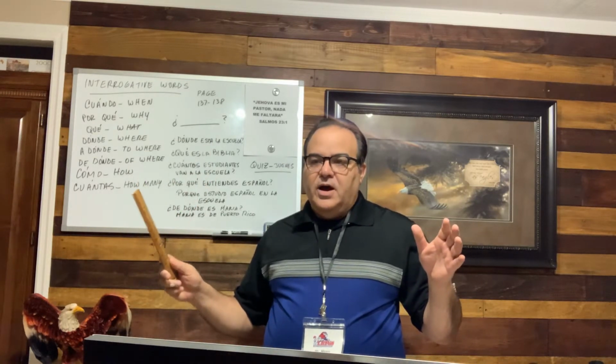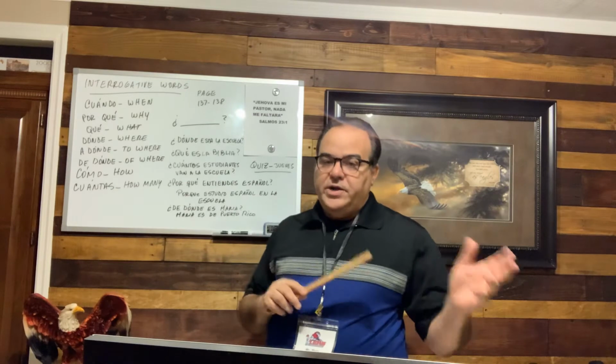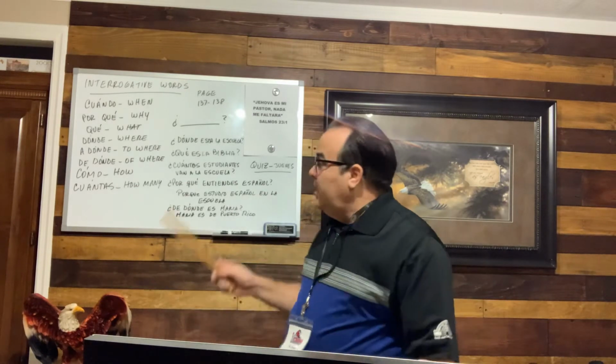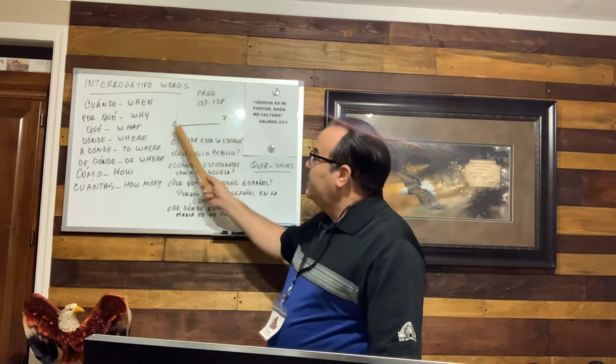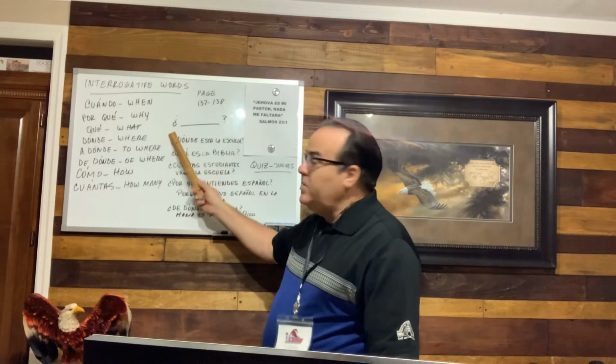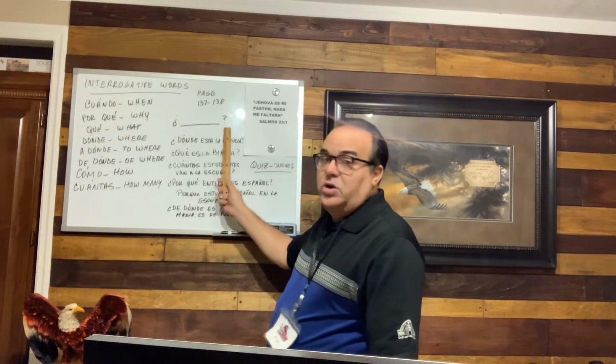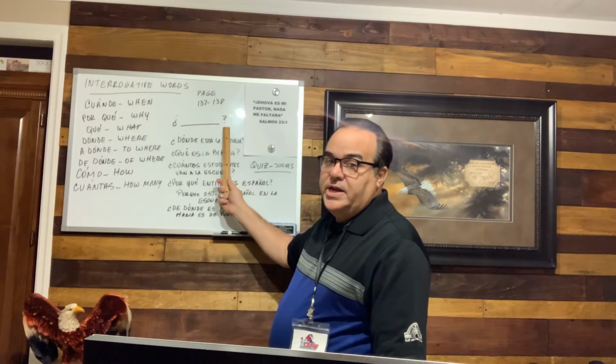In interrogative sentences in English, you have a question mark at the end of the sentence. And in the Spanish language, we have two, one in the front and one in the back, in the opposite way, like you see here. The last one is exactly what we use in English.